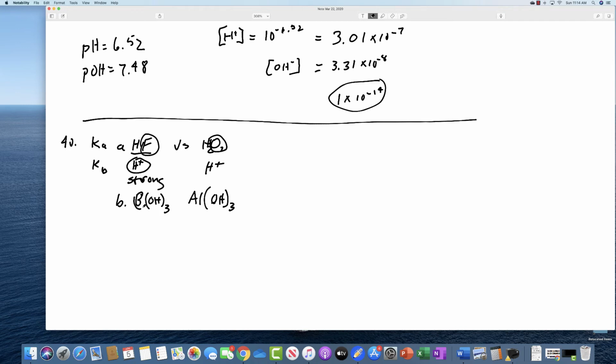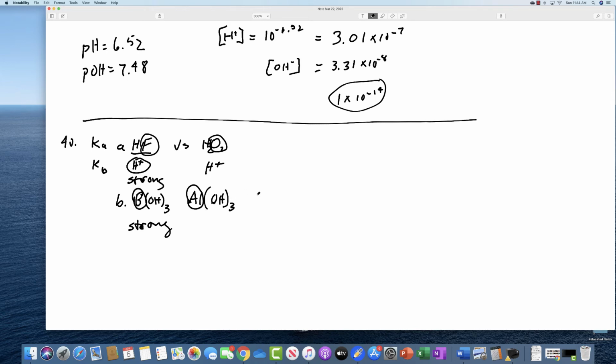Therefore, it has, again, greater electronegativity than aluminum. So it is going to grab the available proton or electrons, and therefore it will cause a stronger reaction compared to aluminum. So in this case, it would be a stronger base because it's releasing hydroxide than aluminum.